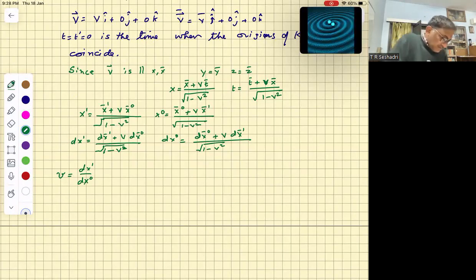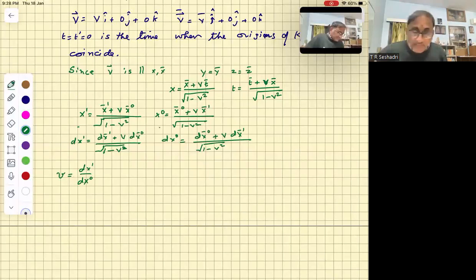And so I can now use these two and calculate this.